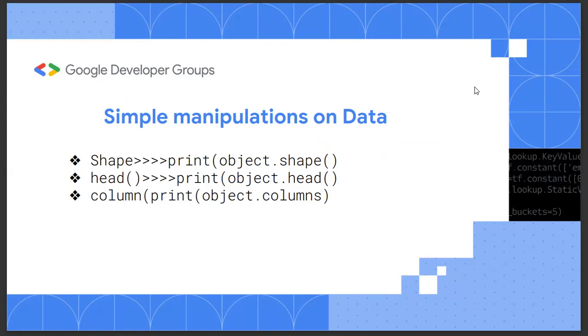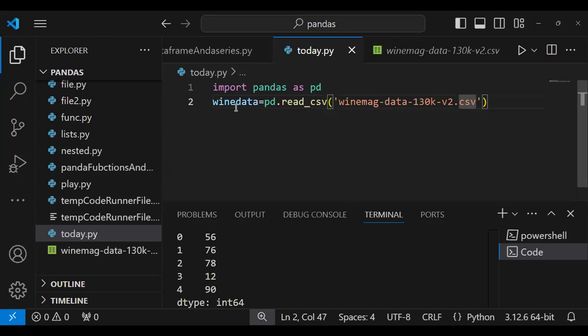For example, to know the shape of the data. Shape means determining how many columns and how many rows are in that data. That's what we mean by shape. So you just do object.shape. By object, I mean the name which you gave to the variable where you stored the data. All that data from this file is now stored in this variable called wine data.